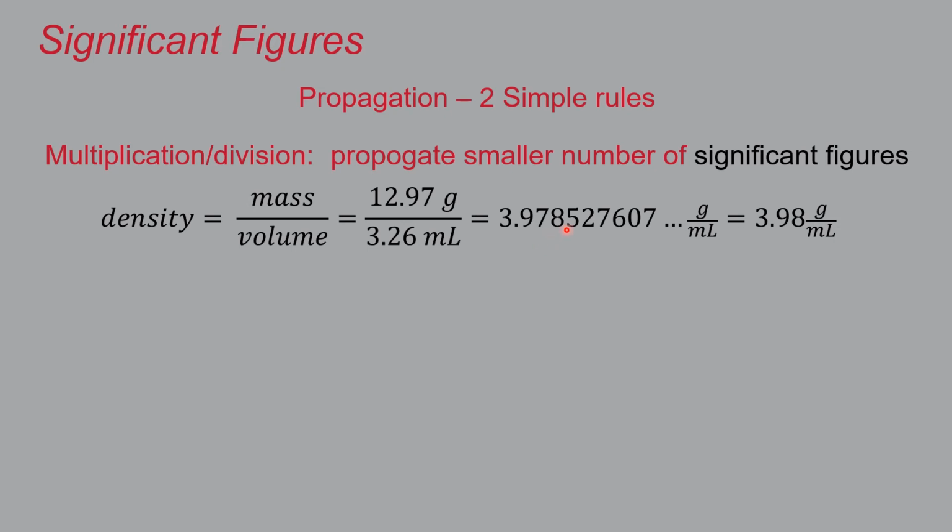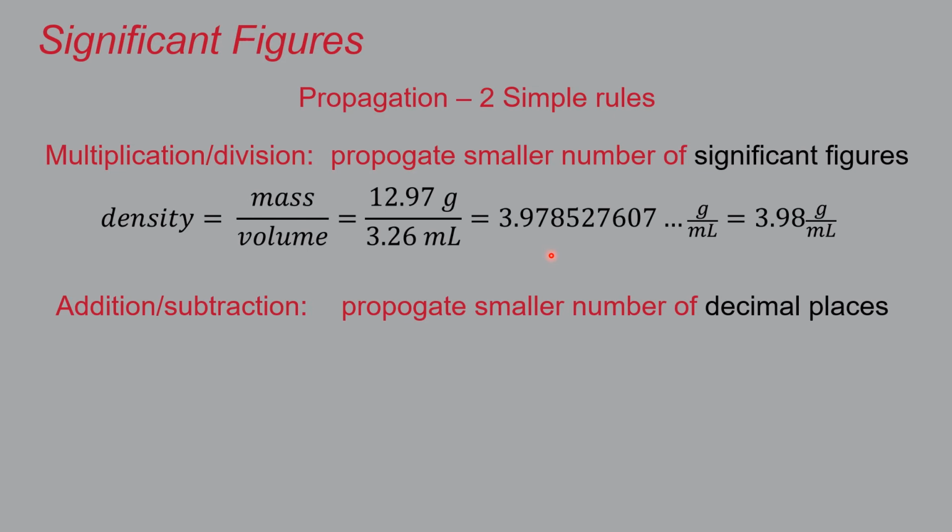So this value is closer to 3.98 than it is to 3.97. So in this case, it's rounded up to 3.98. Now, if this number right here had been a 4, then you leave it at 3.97. So if the next digit is greater than 5, it goes up. If it's less than 5, it goes down.